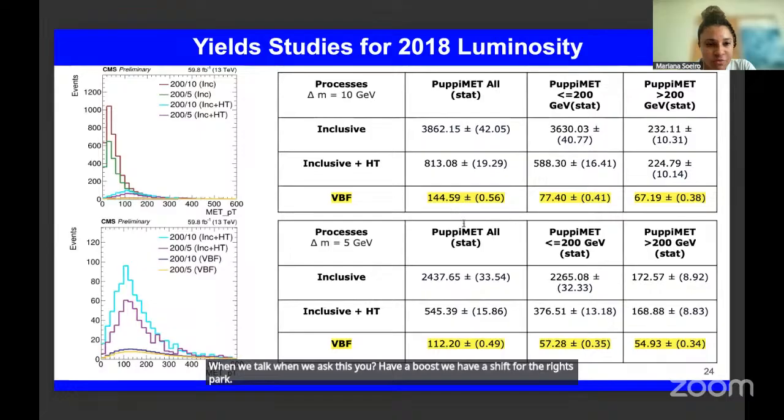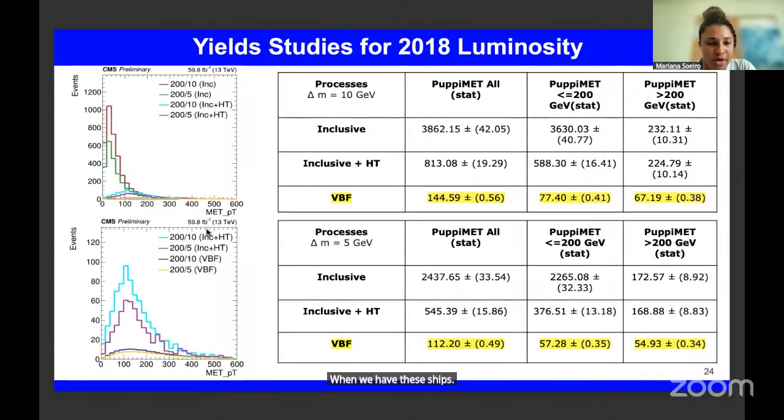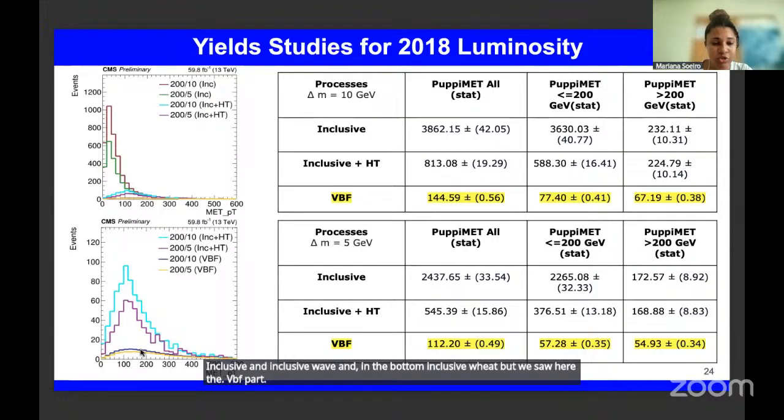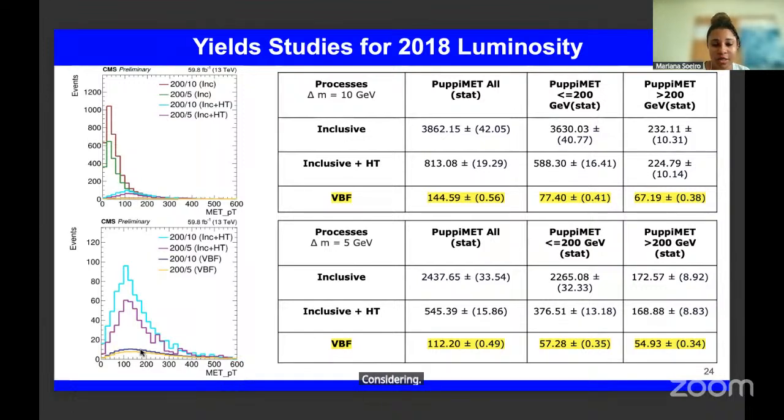When we have these shifts, it's very interesting to compare VBF and inclusive. Here we have VBF and inclusive, and inclusive with AT. In the bottom part, we have the VBF and inclusive with AT. But we saw that the VBF inclusion has less statistics, considering the inclusive analysis.